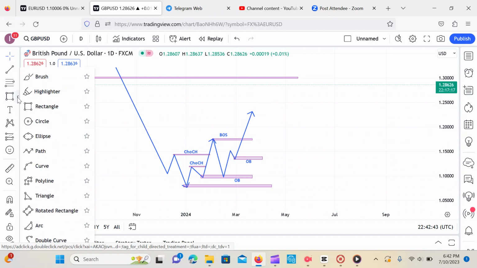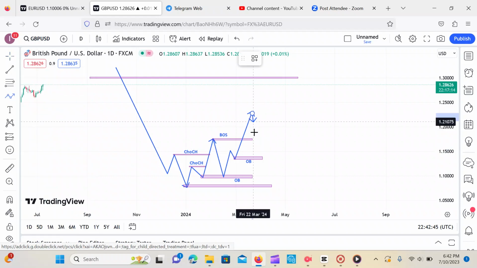Wait for price to push back either to this resistance level that was broken, this break of structure, to turn it to support, or you wait for price to come back to this order block or this other block. If price fails to respect this support, resistance turning to support, pushing back to the upside, and you have price coming down a bit, then wait for price to come back to this other block area here.